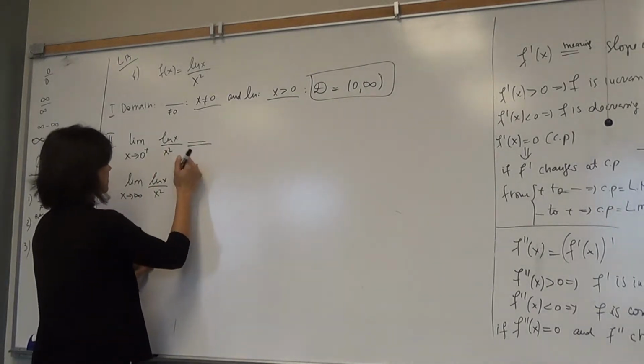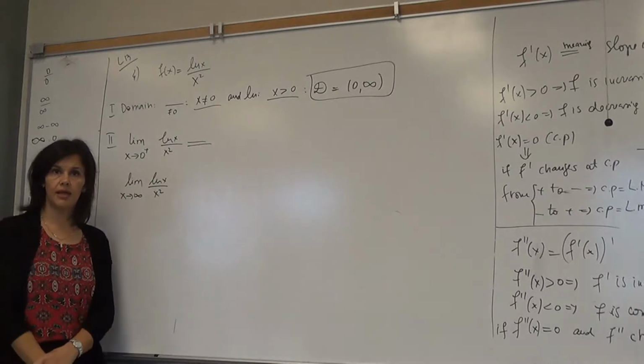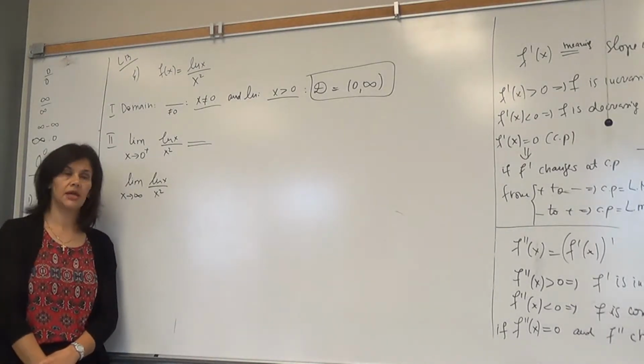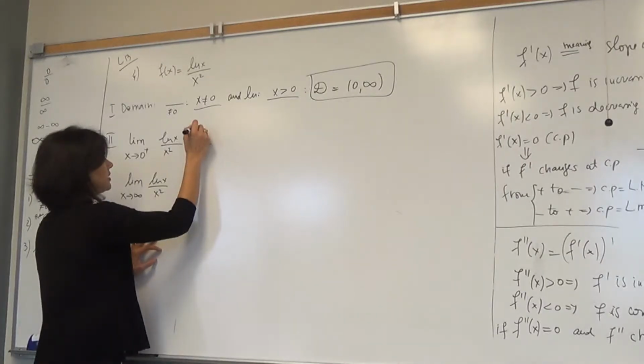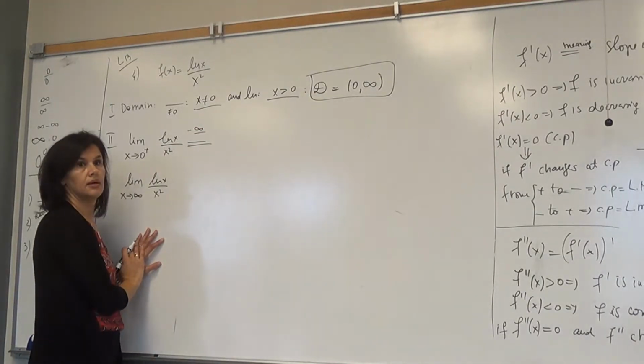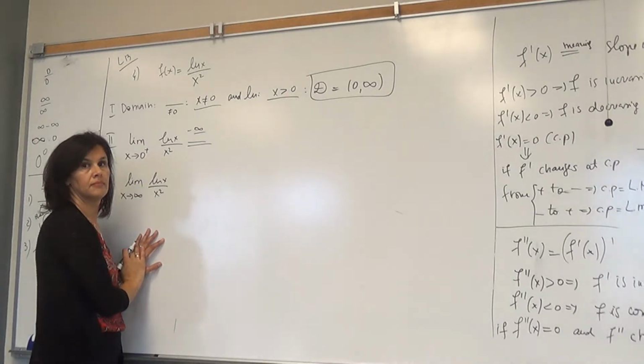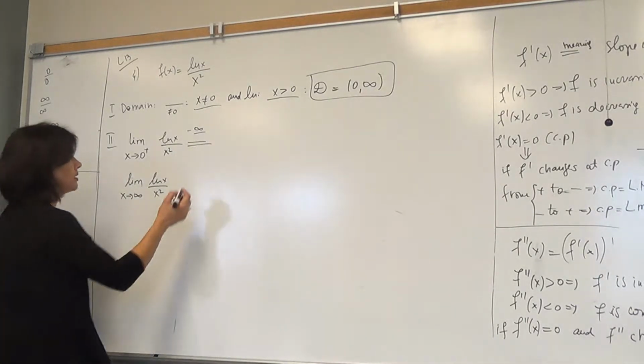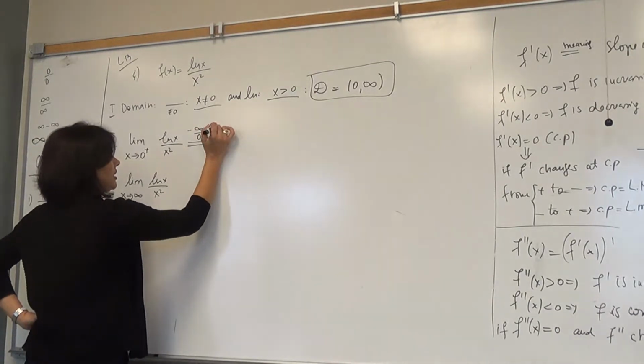So when x goes to 0, you have what? Ln of 0 from the right is negative infinity. So it will be negative infinity over 0. Is this an indeterminate case?